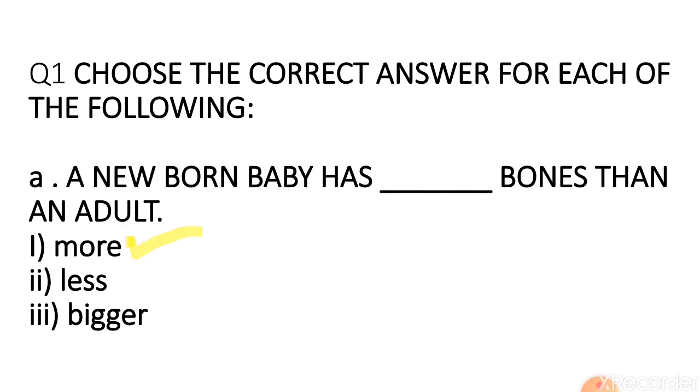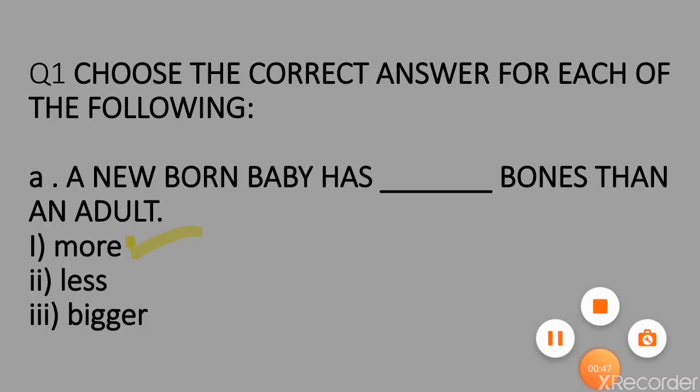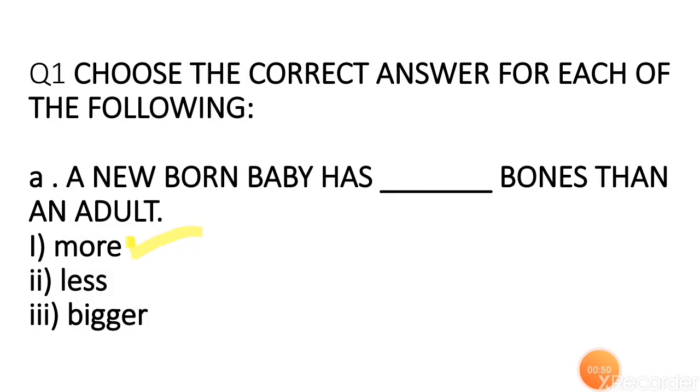The newborn baby has near about or more than 300 bones, but the adult body has 206 bones. So the answer is a newborn baby has more bones than an adult. When the babies grow, the bones fuse together, and in the end it becomes 206 bones.